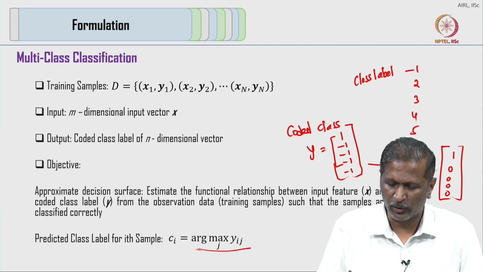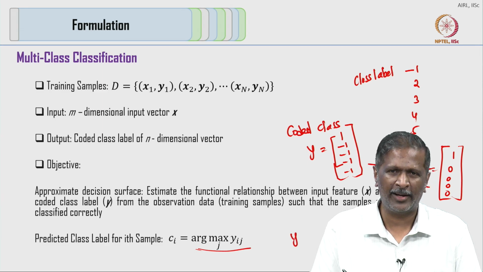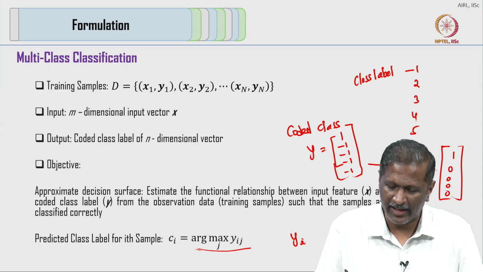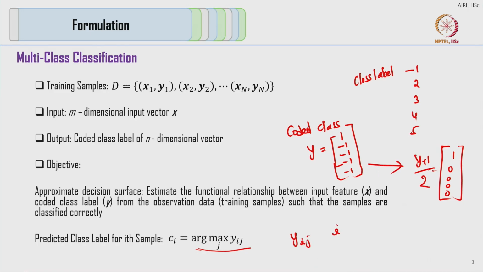Here I am including two subscripts, i and j. i stands for the sample, and j stands for the output. For a given sample there are n outputs. Among the n outputs, whichever is the maximum, the corresponding argument is the class label.